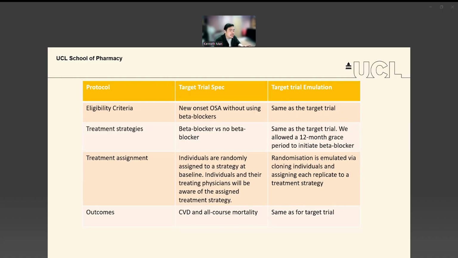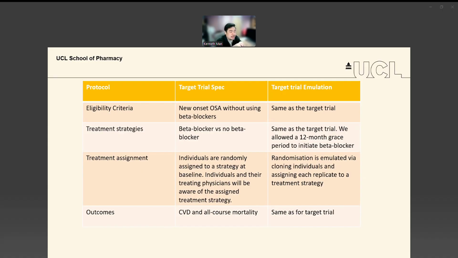Then we try to emulate it with the observational data. We could fit the same eligibility criteria if we are able to identify new-onset sleep apnea in the data source. And we have to screen out those who were already on beta blockers before they received the diagnosis of sleep apnea. The treatment strategy is kind of similar. We simply identify the prescription records for beta blockers.